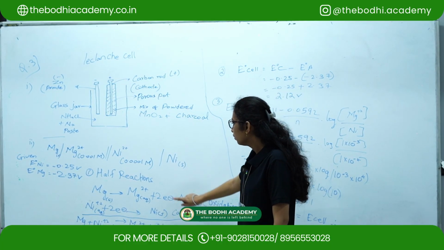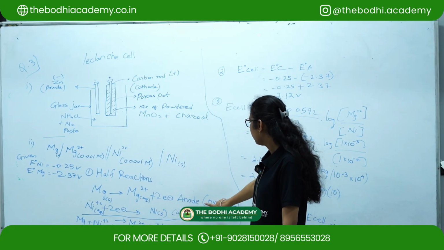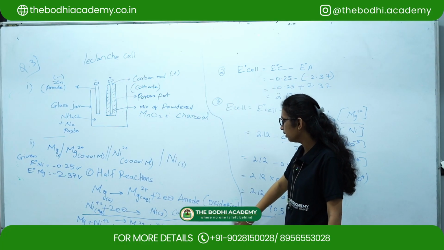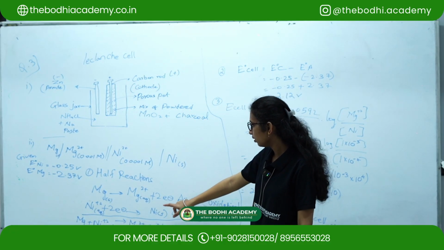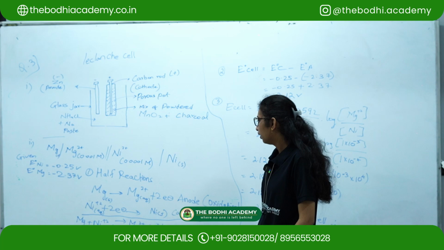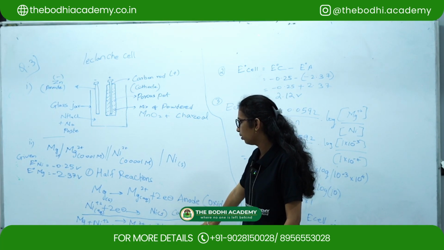So in the half cell reactions, we have written the oxidation of magnesium at the anode and the reduction of nickel at the cathode. So this is the overall reaction.